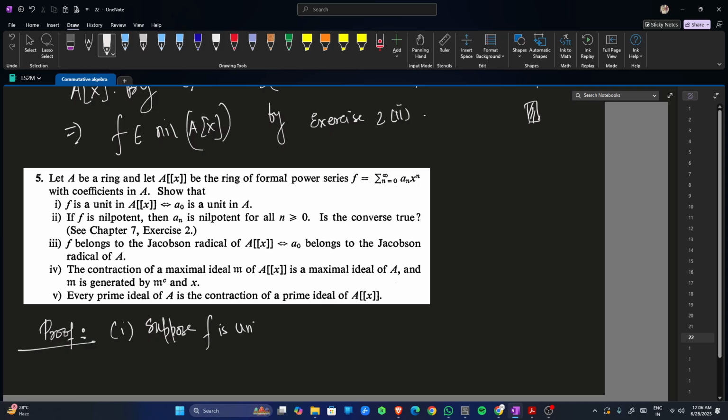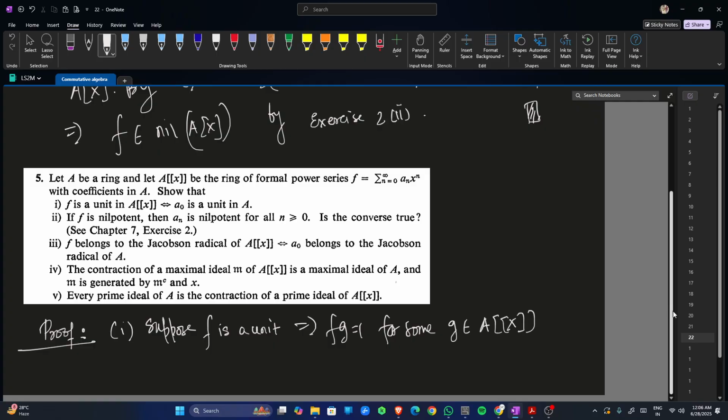Suppose f is a unit. This implies fg equal to 1 for some g belonging to the power series ring A[[x]].